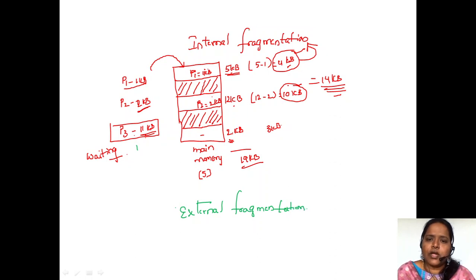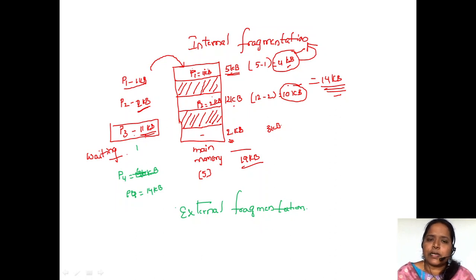In the sense, now here we have allocated P1, and later some other process came. P4 process entered, which requires 14 KB. So P4 enters, and P4 needs 14 KB of free space, fine.